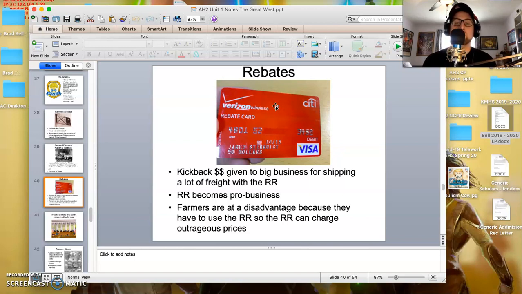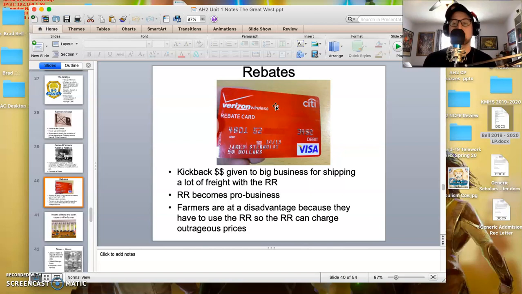It worked on the railroad because they made it look like they were charging big business more than they actually were. So they would jack up the price for a company to ship goods to $500, but they would give them a $400 mail-in rebate. And then they would charge the average farmer $300 to ship something. So let's think about that for a second.